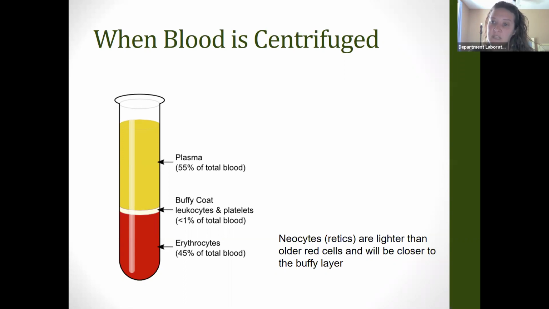So it decreases the number of transfusions for those patients. Neocytes can be harvested through the apheresis process as well. Sometimes if a donor is known to be donating for neocytes, a stimulating factor such as erythropoietin might be given to them to stimulate release of new cells from the bone marrow.